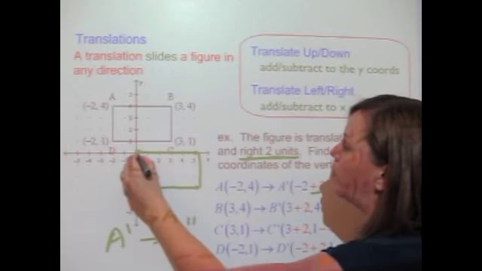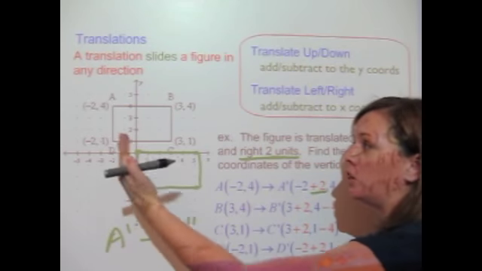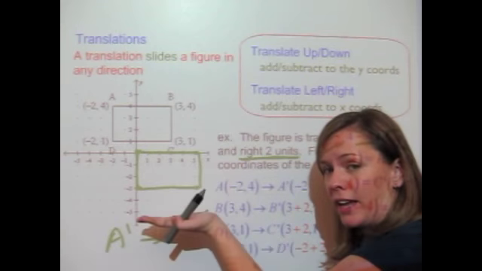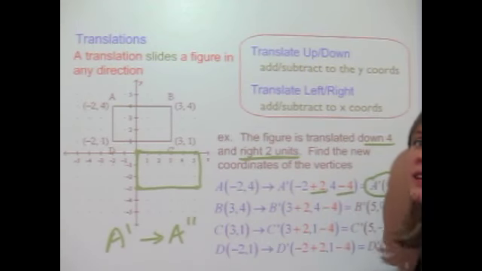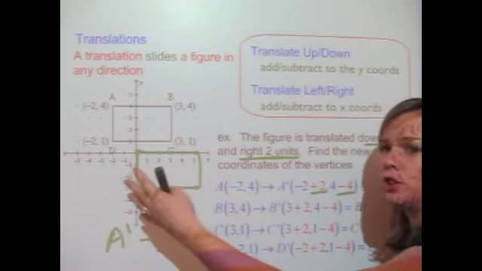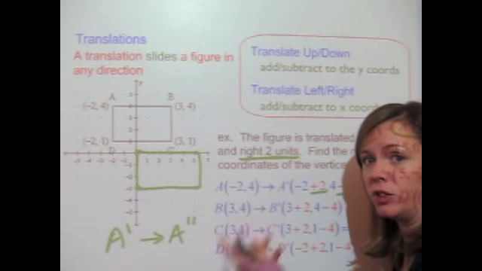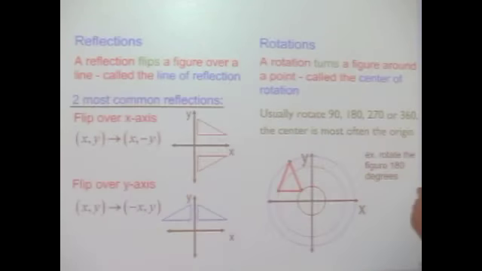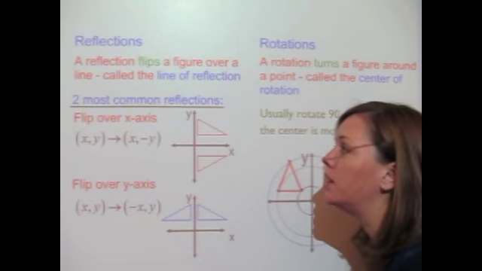Always plot your points just to check and make sure it looks like it's been shifted to the right and down, which is what we wanted in this case. Many times with transformations, you'll see both a shift left-right and a shift up-down, so you have to deal with both of those. All right, let's talk about reflections.